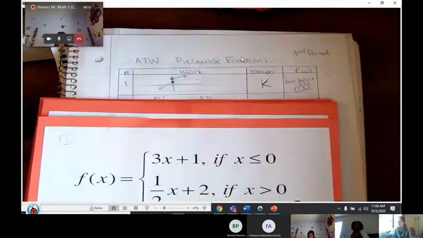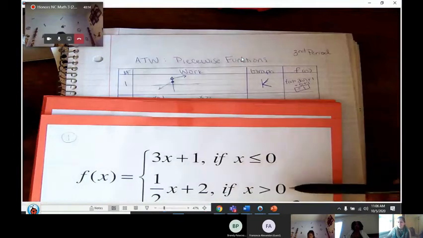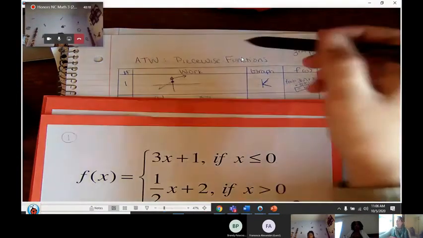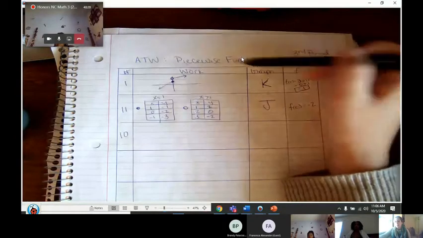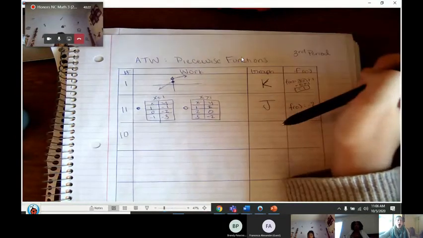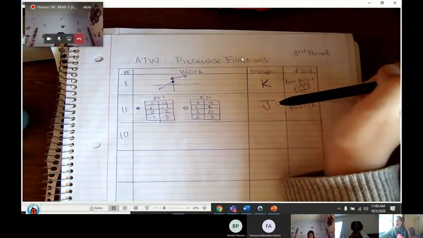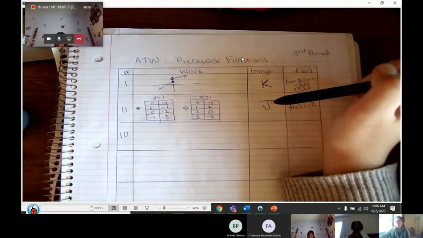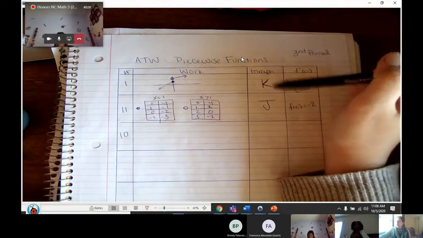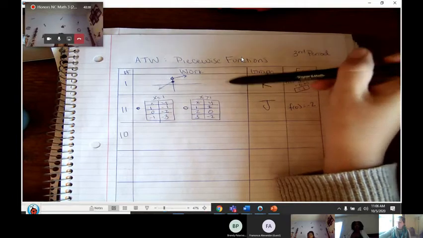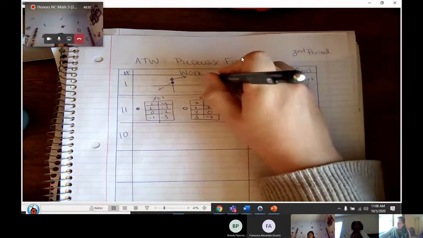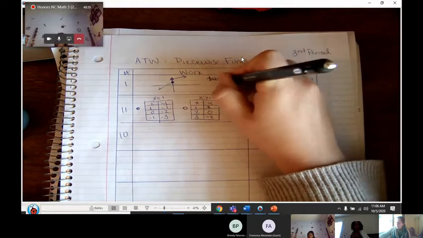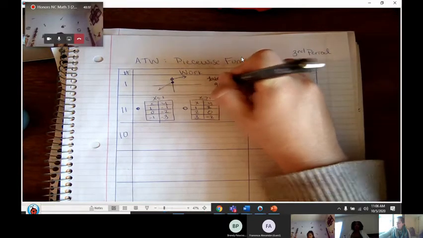Your goal is to figure out what the graph for number 1 looks like. So you can make your own chart, or, oh, excuse me, I posted one on Canvas if you want to print it out. But your work will be a table or a graph sketch, a sketch of a graph.